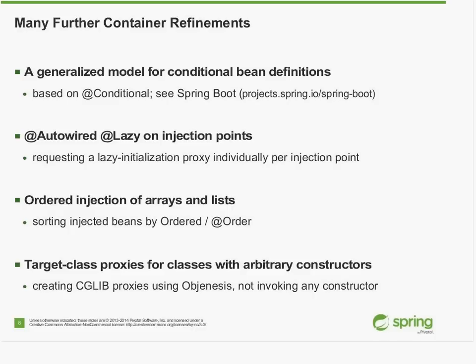There's quite a bit more. On injection points, you can declare @Lazy next to @Autowired or @Inject now, requesting an injection point specific lazy init proxy. So instead of putting the lazy marker on the target bean definition where it's always lazy, you can turn it around, look at the injection point, the client side, and say, this bean here requires a reference to that other bean, but for this specific bean, it may be lazy.